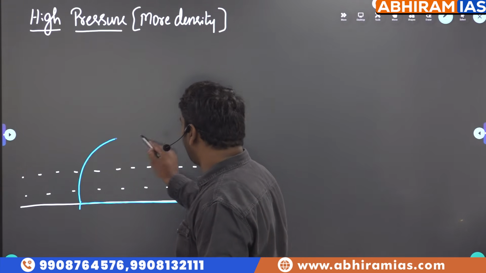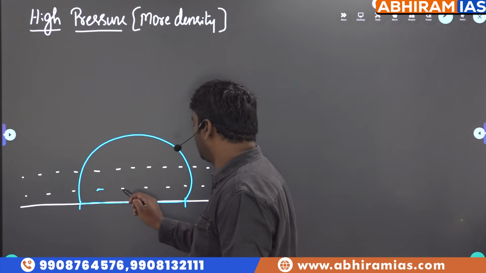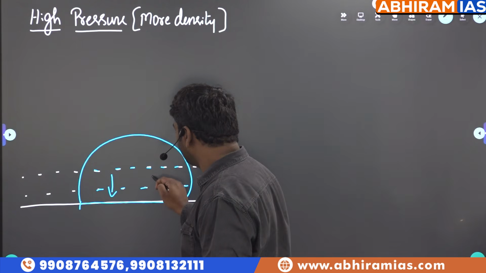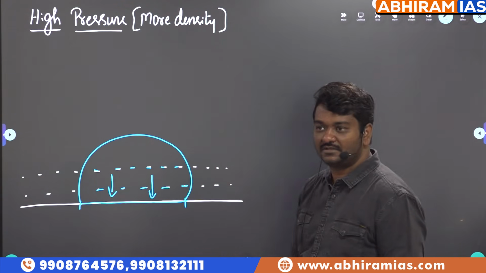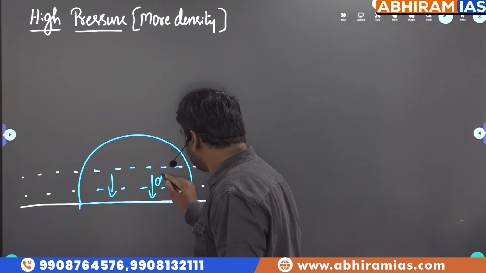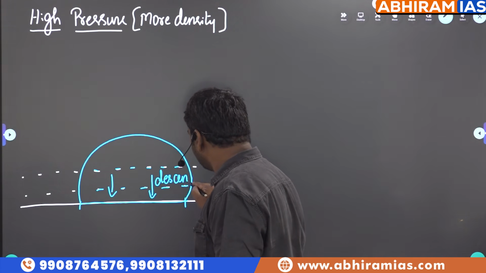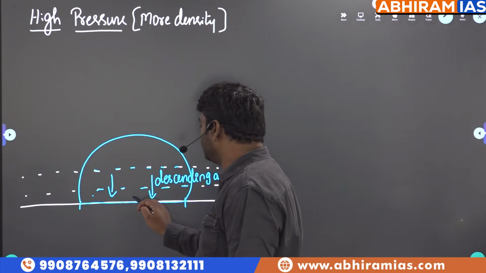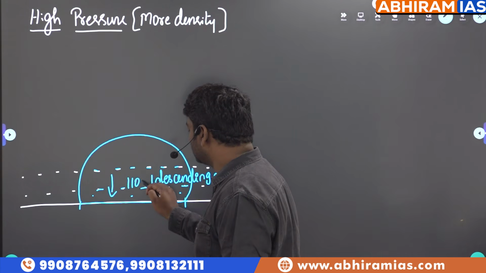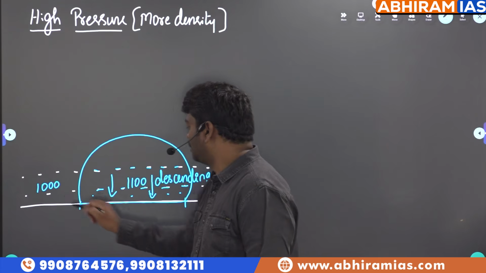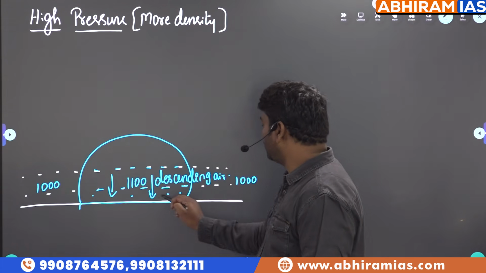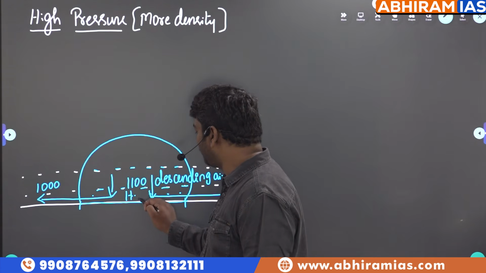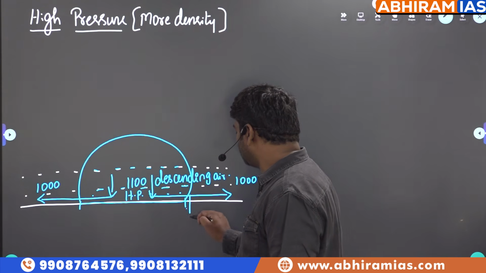If land is cold, air above the land will become cooler. And what will happen to the cold air, guys? It descends. If air descends, the number of particles increases. So what will happen if the number of particles increases? Can I say more number of particles means high pressure? What is this phenomenon?